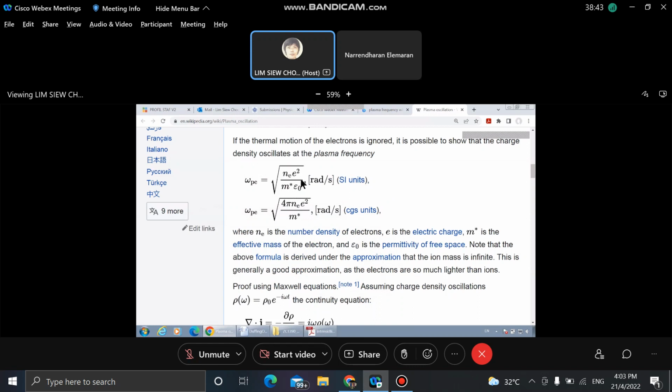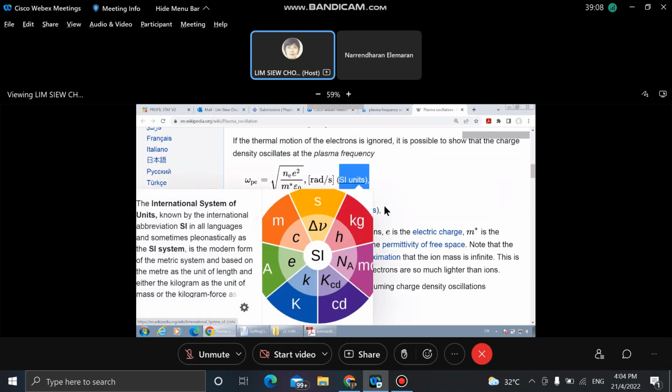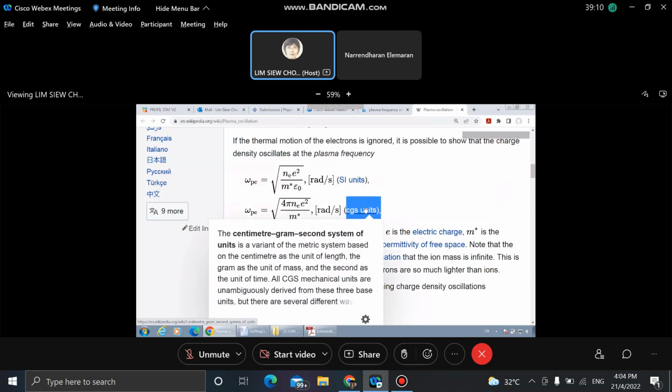This is related to the electron's charge, epsilon naught, and the mass of the electron. Ne is the number density of electrons of the material. Epsilon naught is the permittivity of free space. So the calculation depends on whether you want to use SI or CGS.